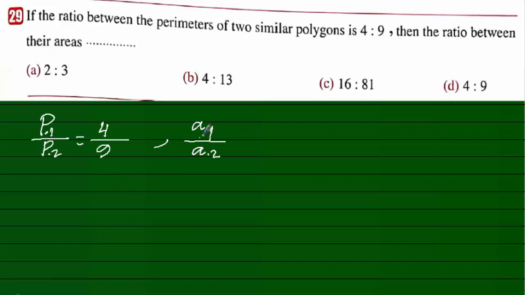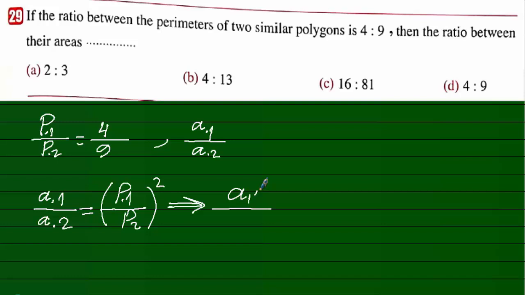What is the relation between A1 over A2 and P1 over P2? Here we write A1 over A2 equals P1 over P2 all squared.